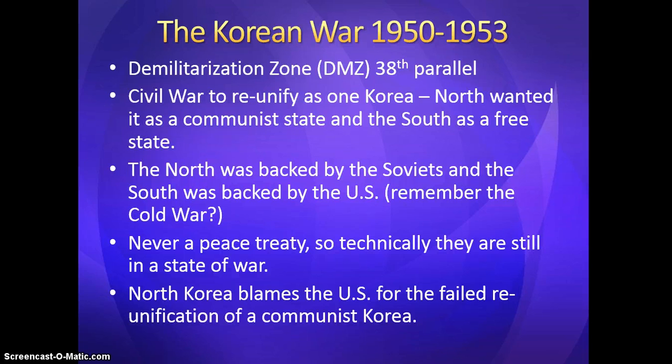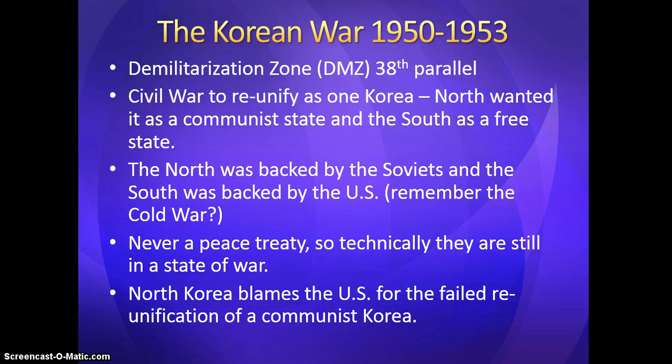The Korean War, which we say lasted from about 1950 to 53, was a war between the North and the South, and the North's goal was to reunify Korea, the whole country of Korea, and not have two divided countries. The North wanted one giant Korean communist regime, and the South was a free state.